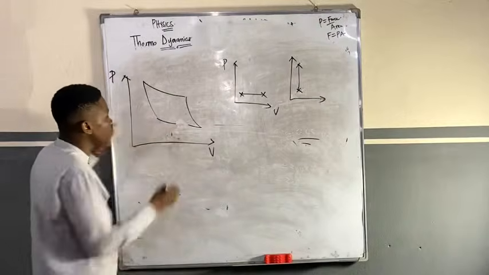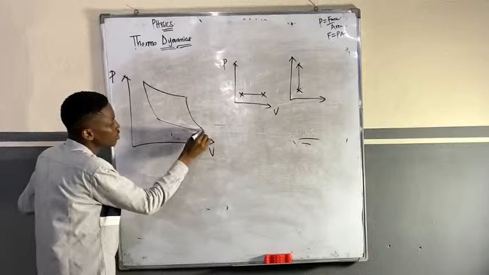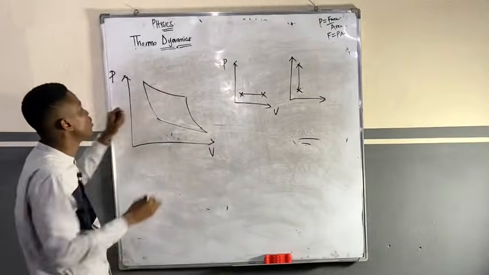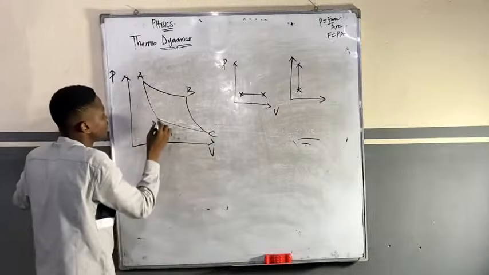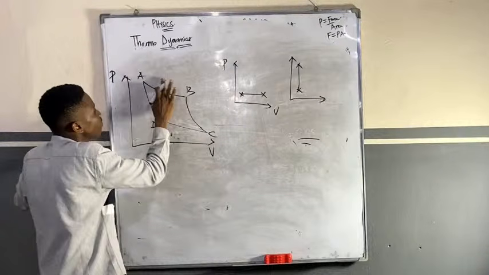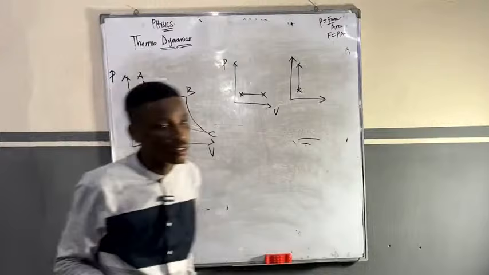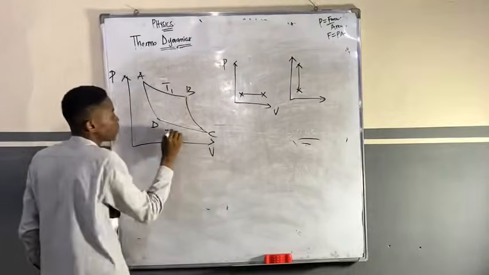This is how the Carnot cycle looks. I'll just describe the words and then I flow. We start from A, B, C, D. Here we have a particular temperature. Here we have a particular temperature.